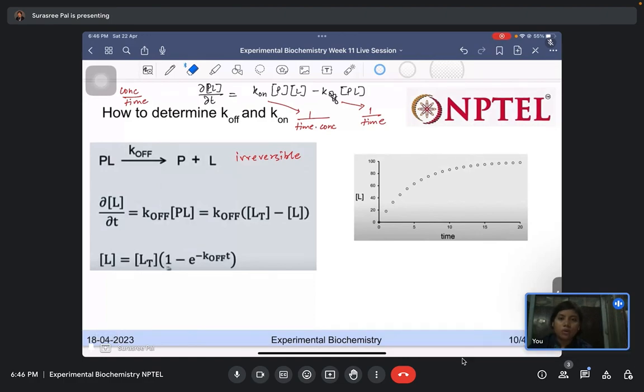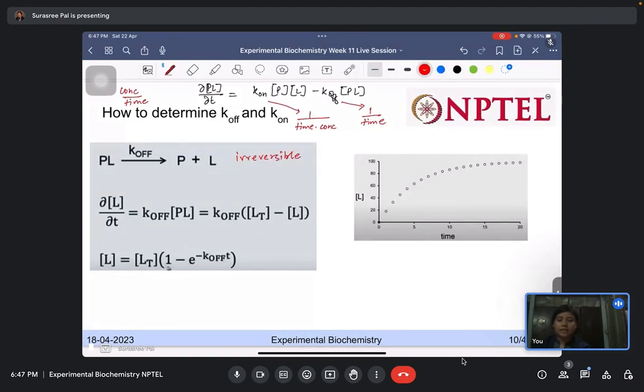So now we will move on to another part of our discussion, that is how do we determine the kinetics, which is the rates of reaction, the K on and K off.